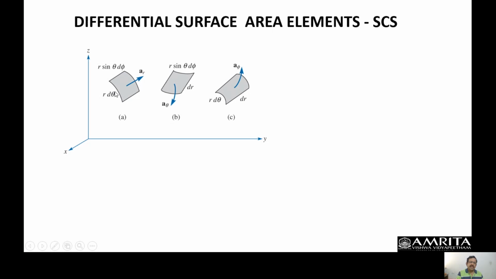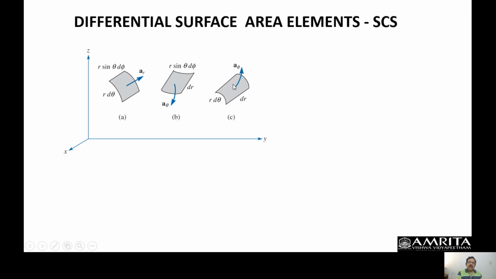Therefore, you can consider it to be a linear approximation. So you multiply length into breadth, you get r square sin theta d theta d phi along the a r direction as this surface area element. In this case, it will be r sin theta dr d phi along the a theta direction. In this case, it will be r dr d theta along the a phi direction.